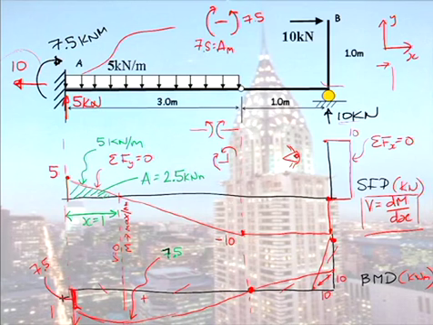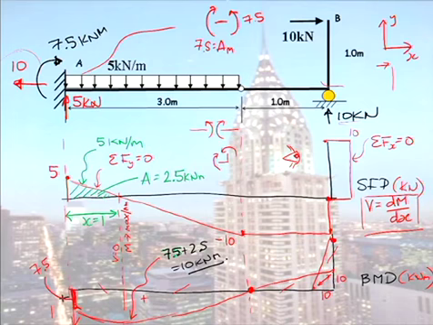So that moment there is 7.5 plus 2.5, which is 10 kilonewton metres. Now, if you are completely bamboozled with how I found that moment there, not a problem.